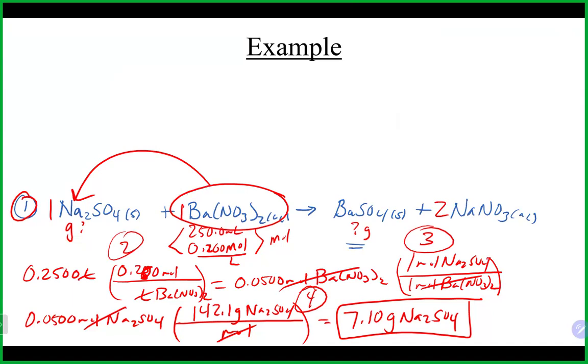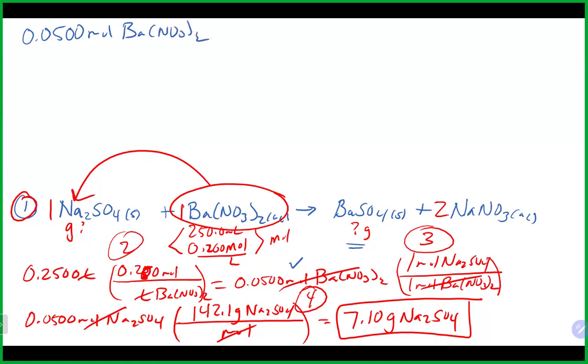We really would just start the same way. And in this case, we could balance the equation. We can convert to moles, and we could actually just pick up at that point. And we already know we will get 0.05 moles of barium nitrate.